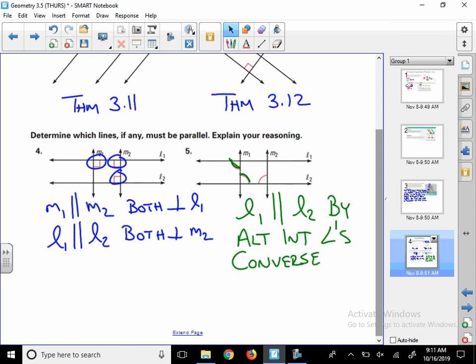Both inside the lines, opposite sides of that transversal, M sub 1, therefore those are going to be alternate interior angles.